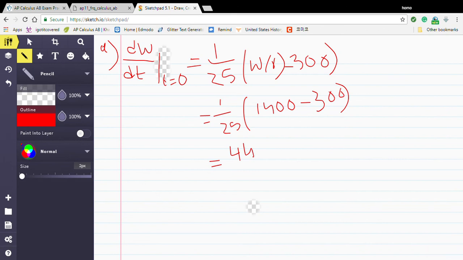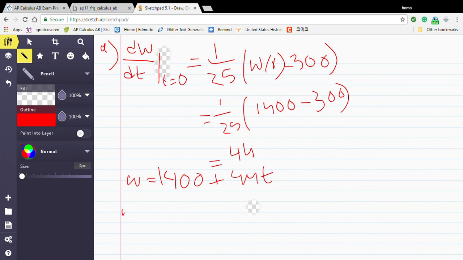And now we're going to write an equation and then plug in 1/4 to get our number. So W equals 1400, the initial value we started with, plus 44t.